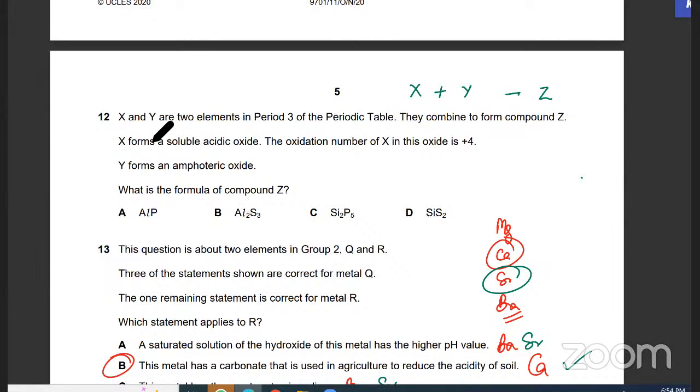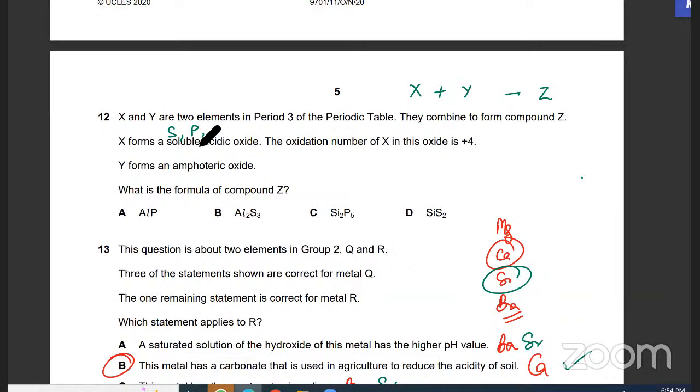The first thing, X forms a soluble acidic oxide. So X is probably a non-metal with an oxide that is acidic, right? So this one could be in period 3. It could be sulfur oxides, phosphorus oxides. Who else is acidic? Silicon oxide is insoluble. Those are the only 2 options, right?